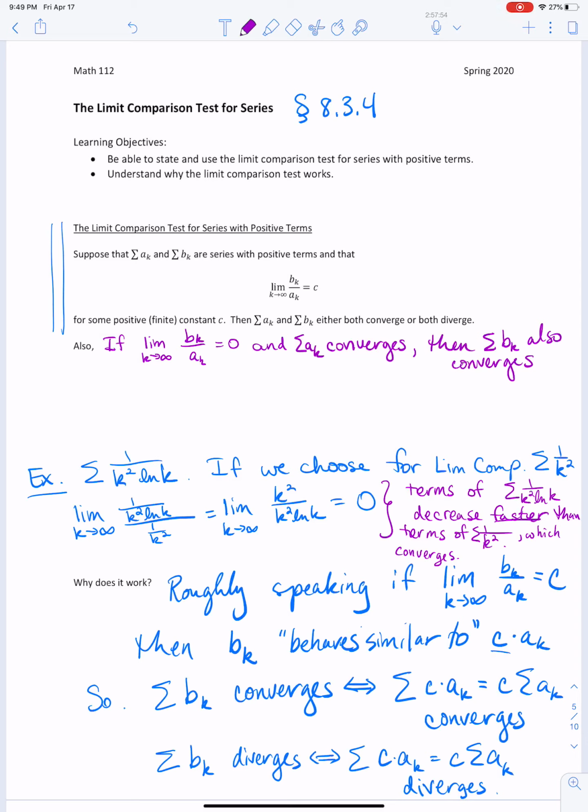Okay, similarly, if the limit as k goes to infinity of b_k over a_k is equal to infinity and the sum of the a_k's diverges, then the sum of the b_k's also diverges.